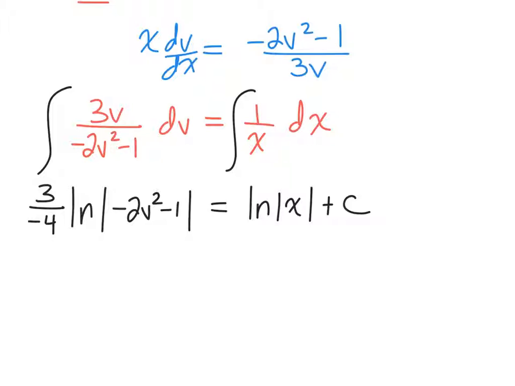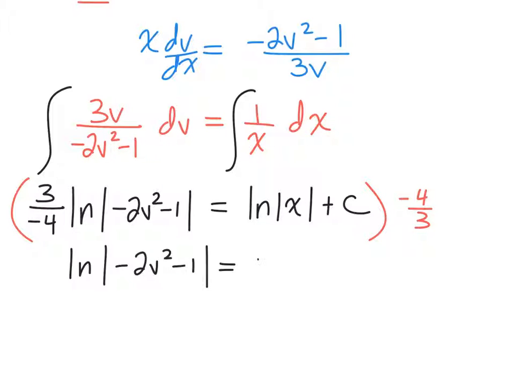If my goal here is to solve for v in terms of x, I can multiply both sides by negative 4/3. In which case I'd get the natural log of negative 2v squared minus 1 is equal to negative 4/3 ln x plus c.